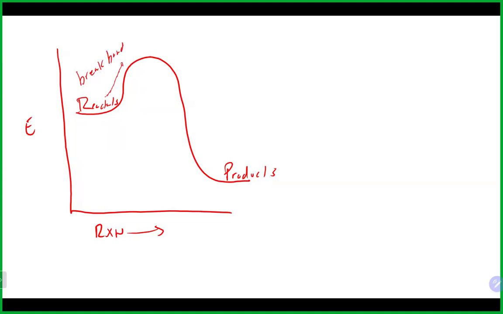And at the same time, they're going to start making bonds as well. So they're going to break and make bonds at the same time as they come up this hill of energy until they get to the very top here. And at the very top here, this is what is sometimes referred to as the transition state.